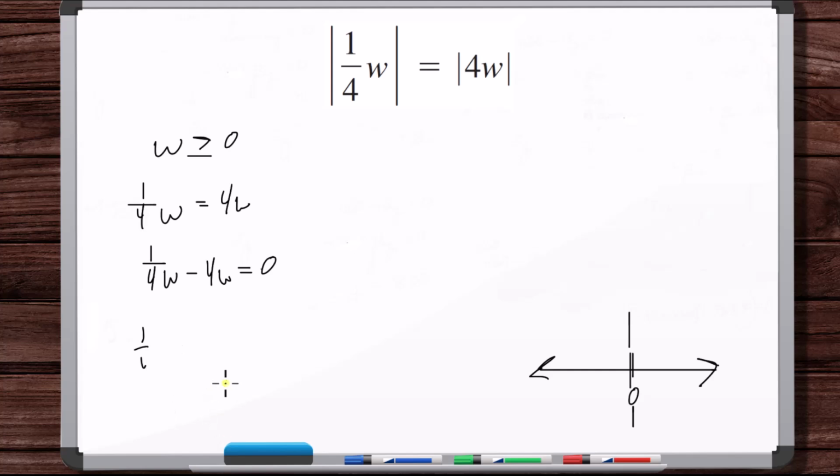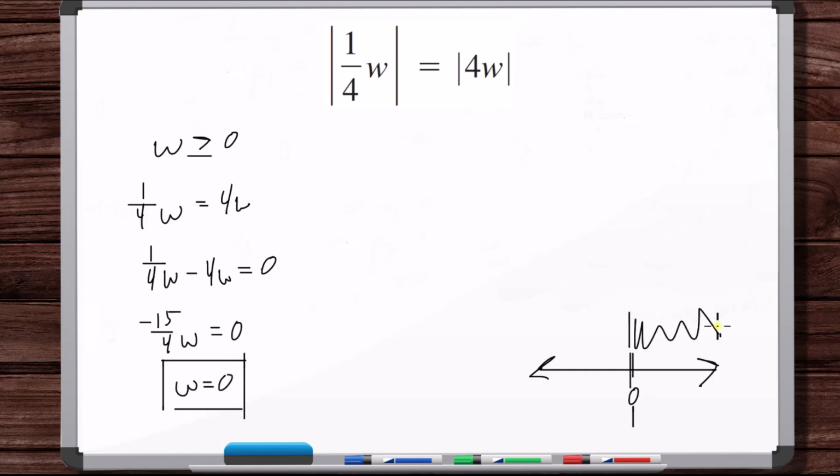So minus 15/4 w is equal to 0. Well, we can see that w is equal to 0. Is that greater than or equal to 0? Yes, it is. So, okay, there's that region. Now, what about when w is less than 0?